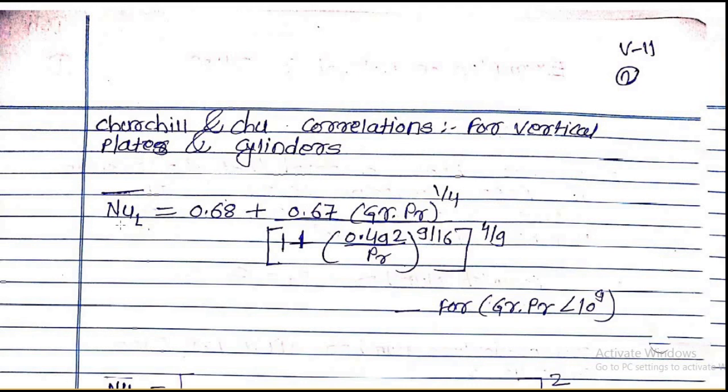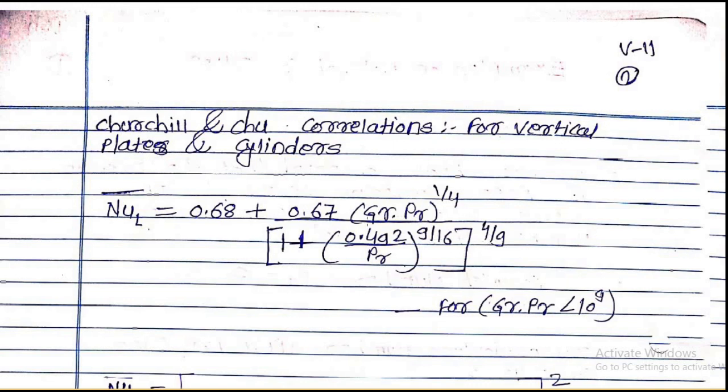In that case, Churchill has given the average Nusselt number as equal to 0.68 plus 0.67 multiplied by bracket Grashof's number multiplied by Prandtl number raised to 1/4, divided by square bracket 1 plus bracket 0.492 divided by Prandtl number bracket complete raised to 9/16 square bracket complete raised to 4/9.